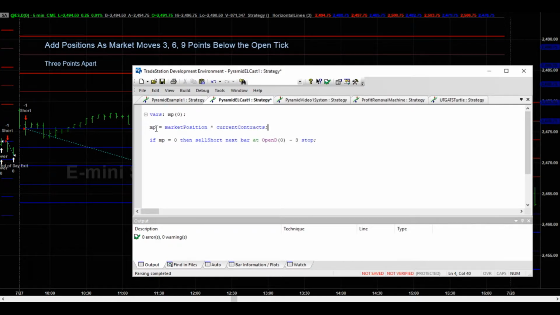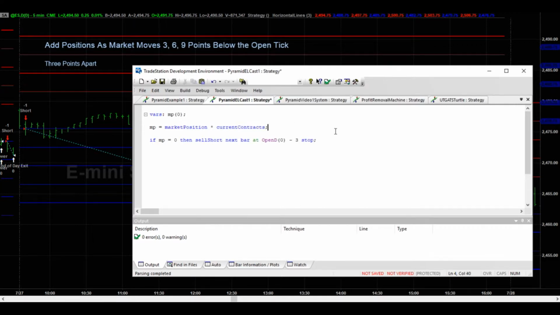So if I'm short one contract, my market position is going to be -1 times 1. So MP is going to be -1. Now, if I'm short 2 contracts, market position is going to be -1 times 2, which is -2.